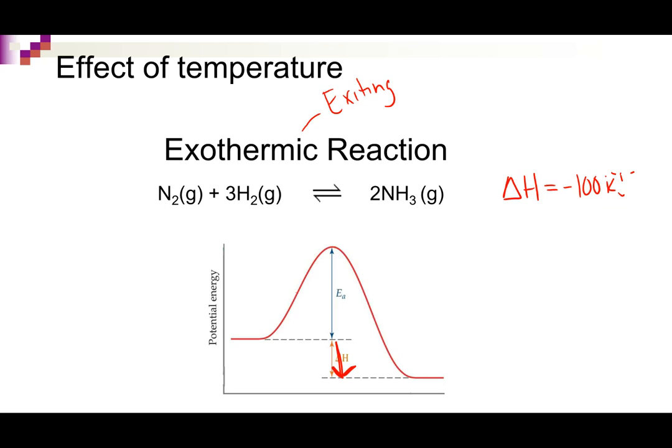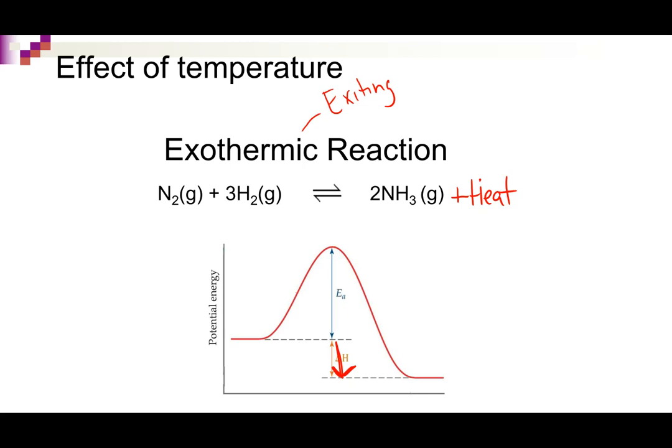In an exothermic reaction, let's consider heat to be a product. Okay? So if heat is exiting the system, it's leaving the system with the products.